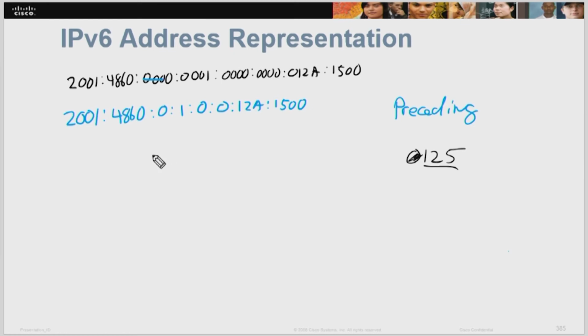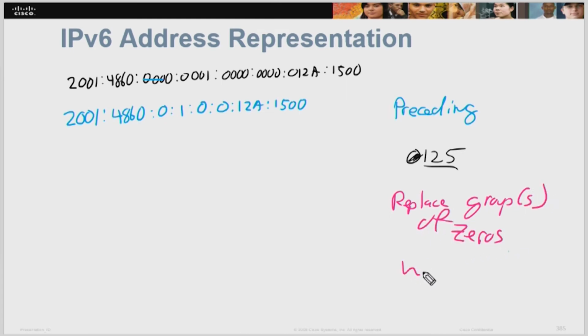Is there another thing we can do? They came up with one more rule, and that is I can replace a group or groups of zeros with a double colon. So when I look up here, I've got a single group here of zeros. I've got two groups here of double zeros.